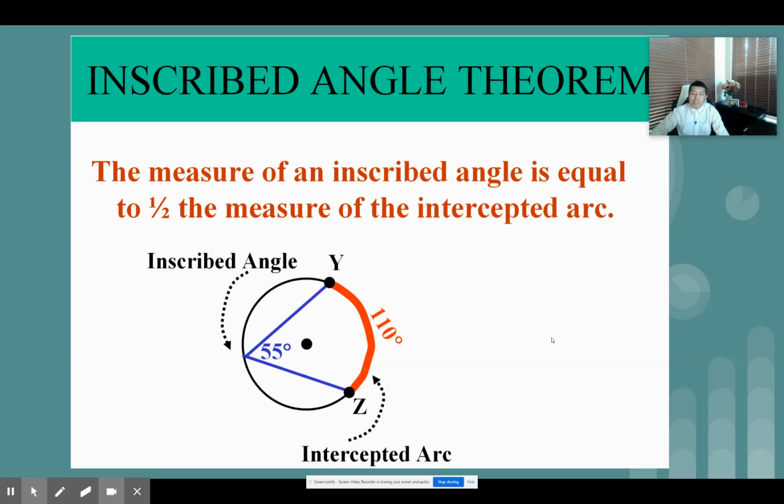Its intercepted arc is in red, arc YZ, is 110 degrees. So the measure of the inscribed angle is half of its intercepted arc. 55 is half of 110 degrees, and this is correct.